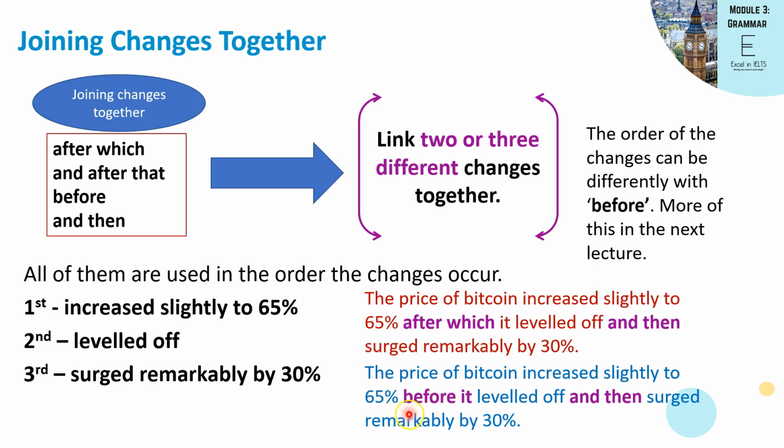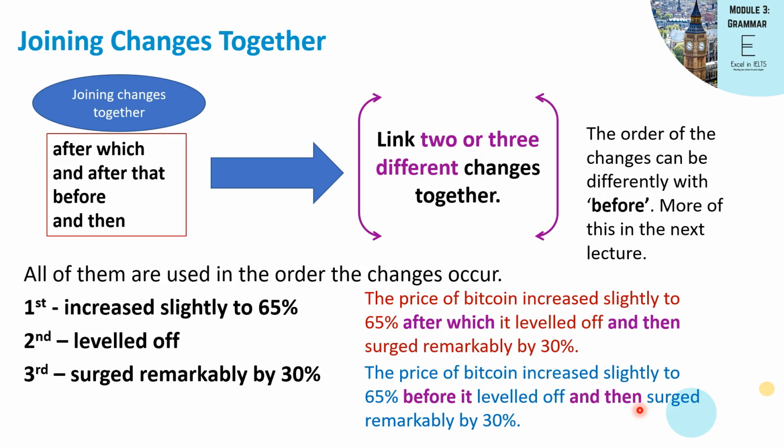So you can say: before it leveled off, the price of Bitcoin increased slightly to 65%. You stop there if you want to have before at the beginning of the sentence. Then this third change would need to be in a new sentence using a linker. We'll have a look at before in the next lesson.